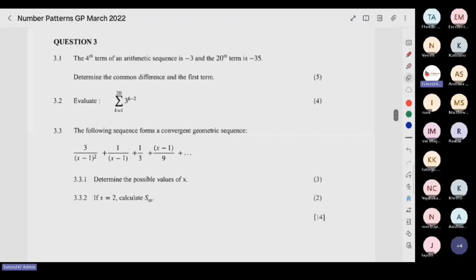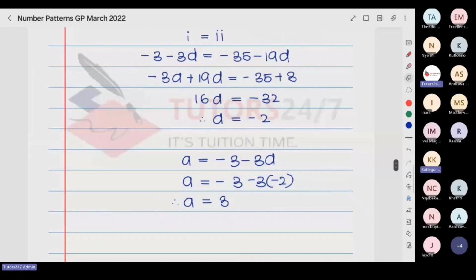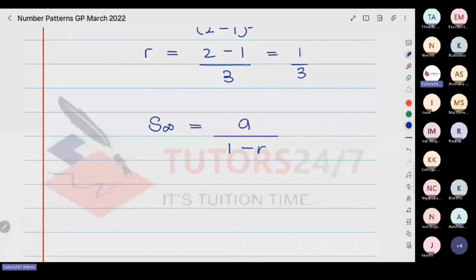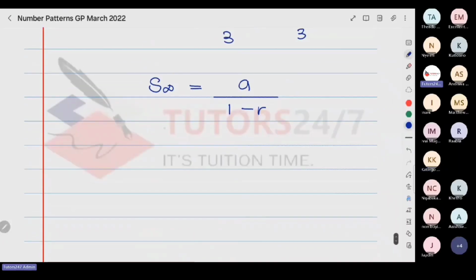So now that we've found the value of A and we have found the value of R, we are going to substitute into our sum to infinity formula, which is the sum to infinity is equal to A over 1 minus R. From here, we know that A is 3 and R is 1 over 3.